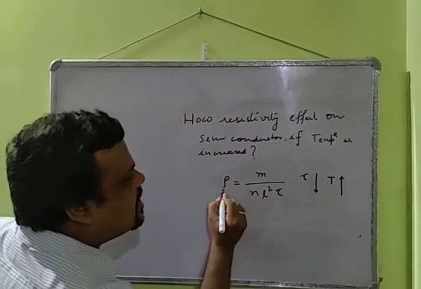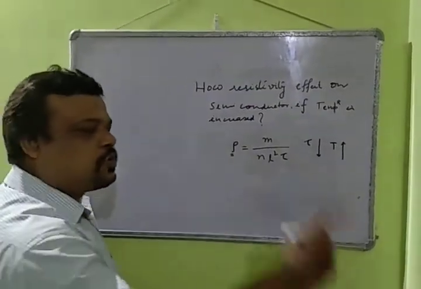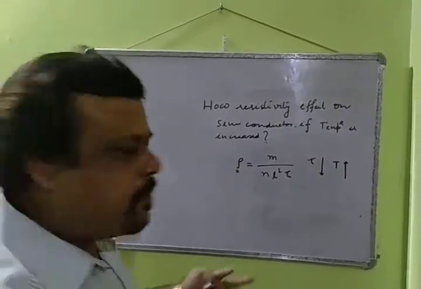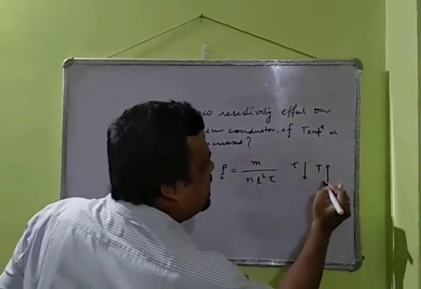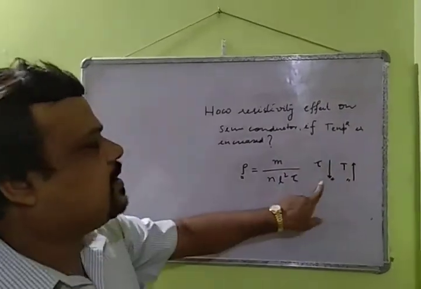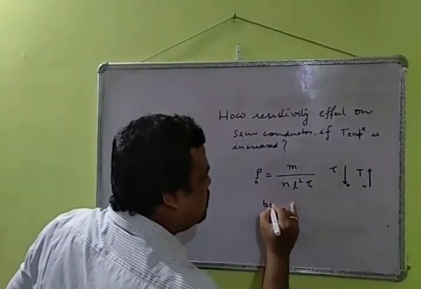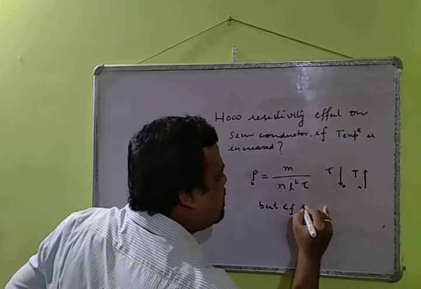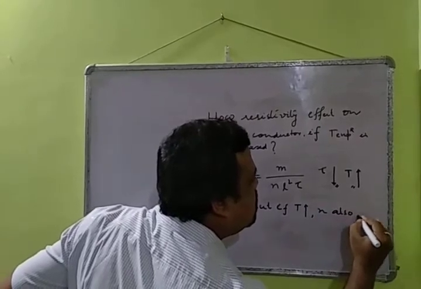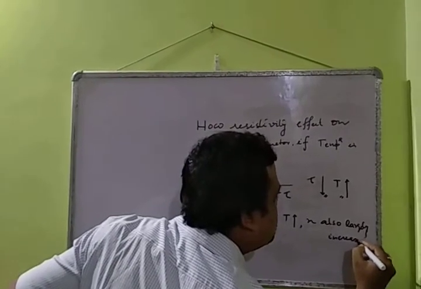So rho has to increase, but it's not true, because a semiconductor behaves in a specific way. I agree, if temperature increases, tau is going to decrease, so relaxation time will decrease, no doubt. But if temperature is increased, n also largely increases. What is n?